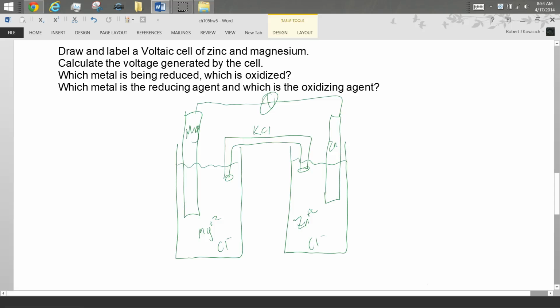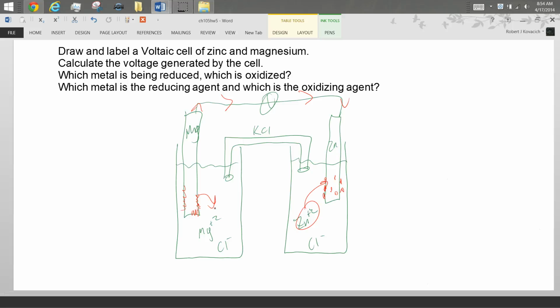And since magnesium is higher on the list, the electrons are going to go from the magnesium to the zinc. And there's going to be a buildup of zinc on this bar here, and there's going to be a chewing away of the magnesium on this bar here, as these zincs grab the electrons and attach themselves to the bar, and these magnesiums lose electrons and turn into magnesium +2.